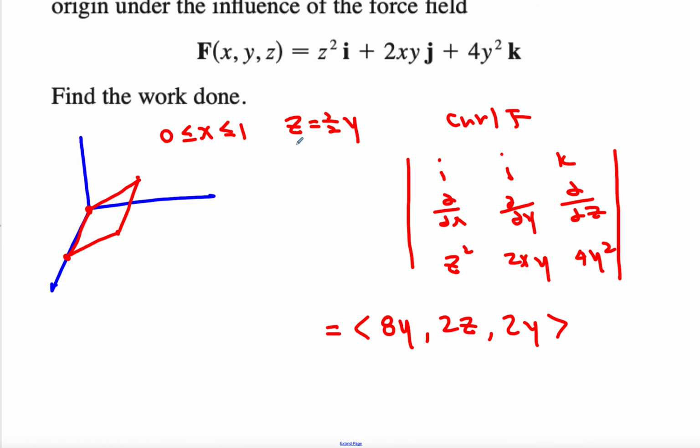And then in this case, since function is z in terms of x and y, even though I don't see x, what I can do is I realize that r sub x cross r sub y, earlier we realized that this one was equal to negative of partial against x, which would be equal to 0, and negative of partial against y, which would be equal to negative 1/2, and then 1. So that's basically what we have. And we want to dot these two things together. Then what do we end up getting?